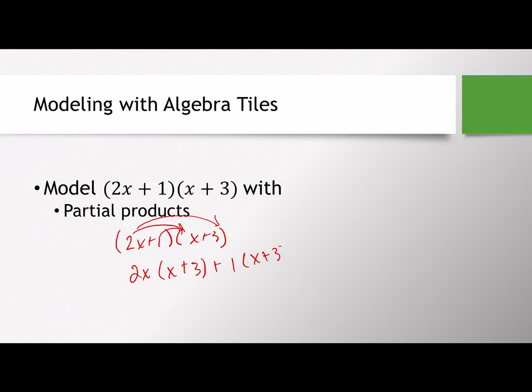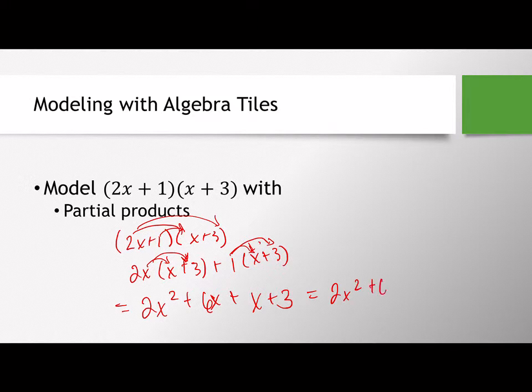And then I can go ahead and distribute again. Do 2x squared plus 6x plus x plus 3.